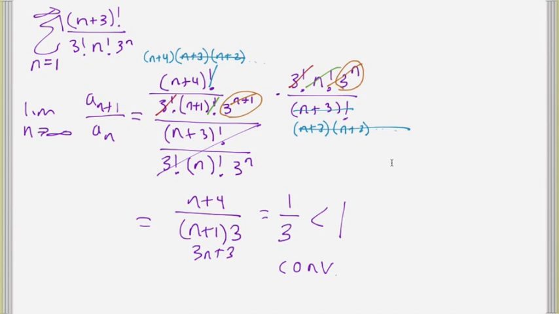Okay, so this is number 9. On this one, I want to find the interval of convergence. It is very similar, however, to the one you're assigned.